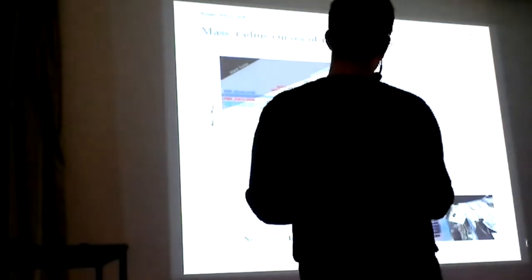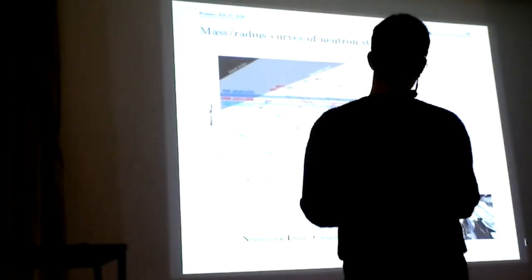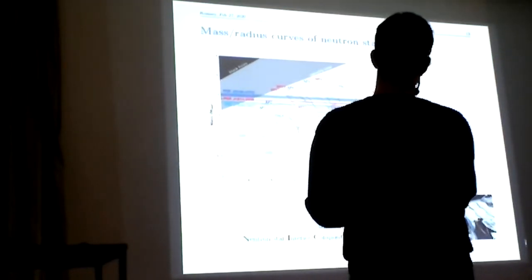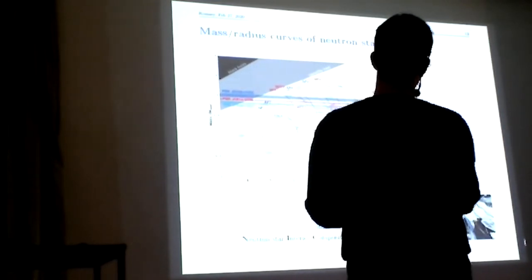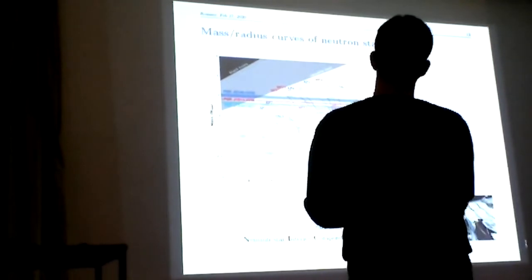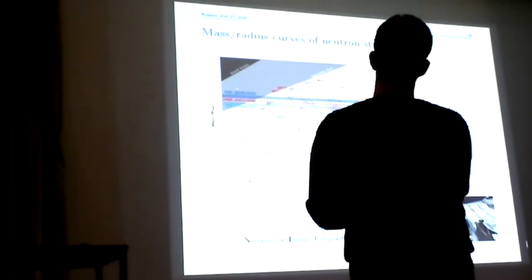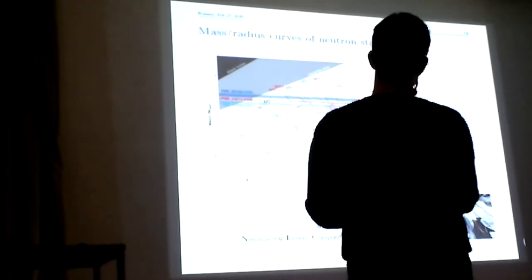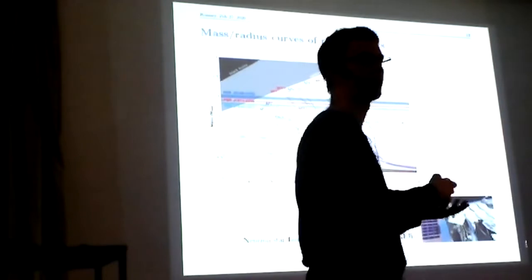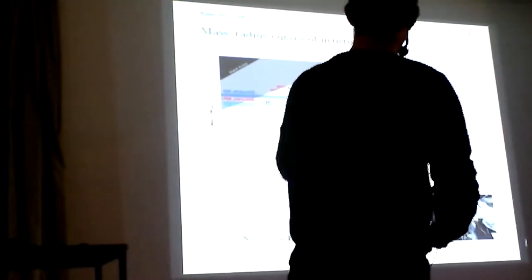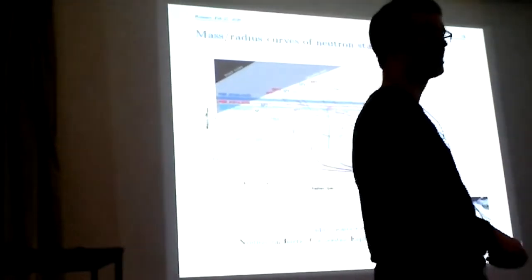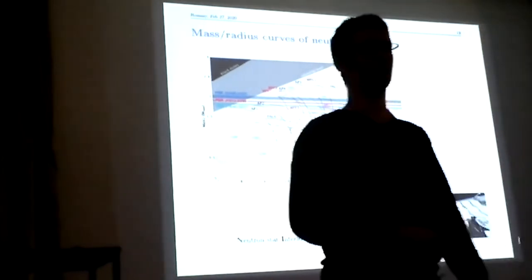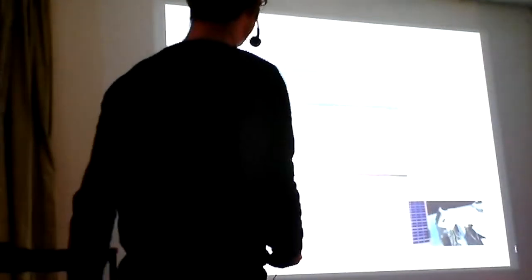And each line is the prediction for one model, right? So suppose I have my favorite model, and I compute all possible neutron stars I can build with this. Then they have, for example, this mass and this radius, or this mass and this radius, right? So I always get a curve. And as you can see, we know very little because there are many models, and they differ vastly from each other.